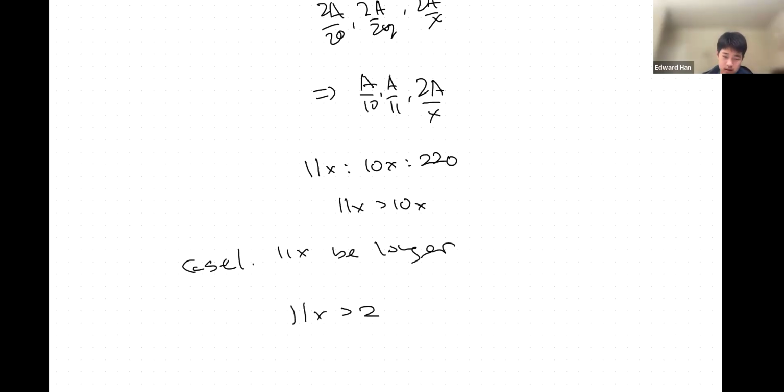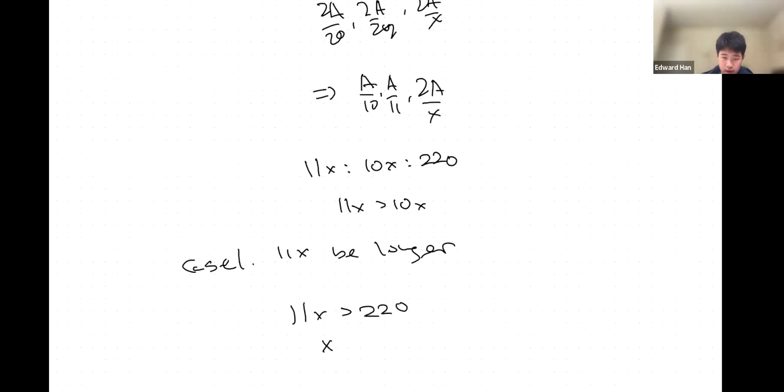So for our first case, let 11x be longer. So in this case, we have the inequality 11x is greater than 220 because 11x is longer. And so x is greater than 20.